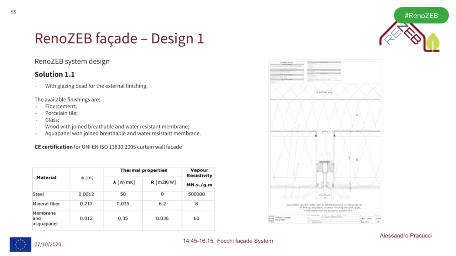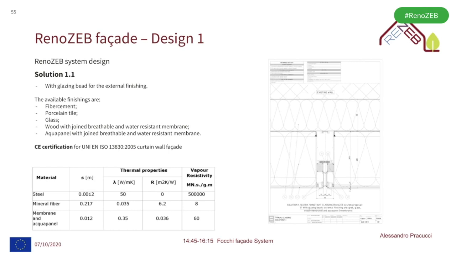So in this solution, the layers we have are based on an aluminum profile, where the two mullions are joined by the transom, and the frame is closed by a rear metal sheet with a vapor barrier, obviously, but also in the front we have another metal sheet, and this is the first solution.